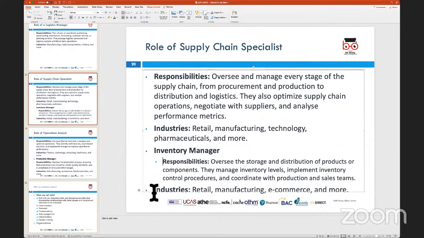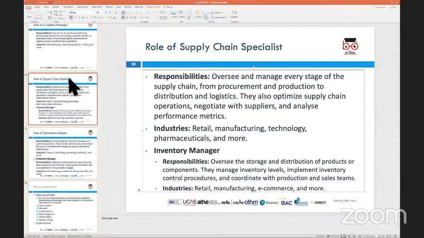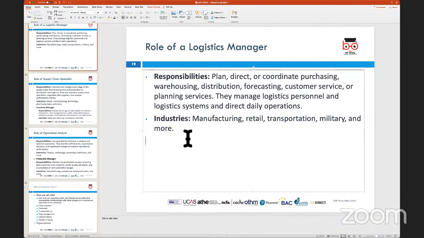An inventory manager would typically be making sure that raw material supplies are available within the organization, if it is a manufacturing facility, and are available generally on time in the factory to be utilized for manufacturing.